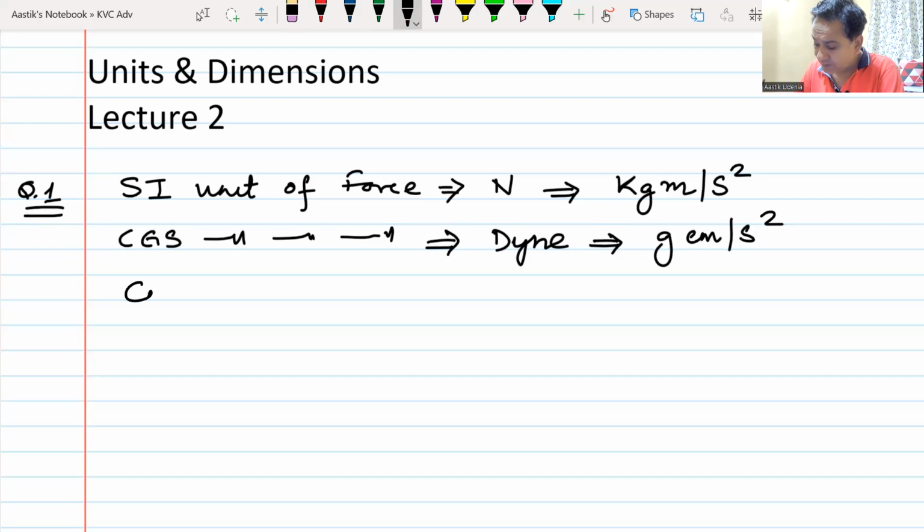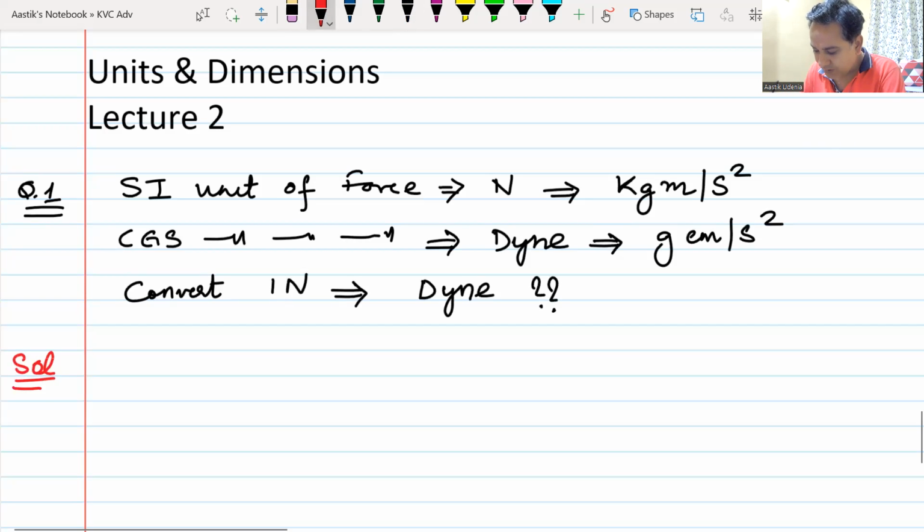What we are asking here is to convert 1 Newton into Dyne. How much is 1 Newton converted into Dynes? So I'll give you a minute to solve this one.